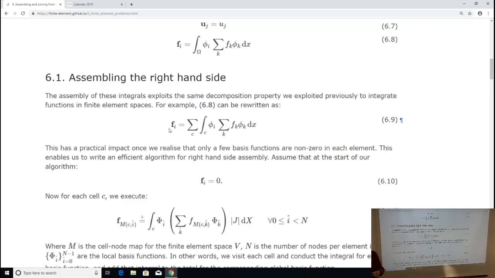So they're either on a cell or on an edge or on a vertex. So in the very worst case where they're a vertex degree of freedom, they're only non-zero in the approximately 6 triangles that meet at that vertex. And they are 0 everywhere else in the mesh. So this integral is very, very sparse.